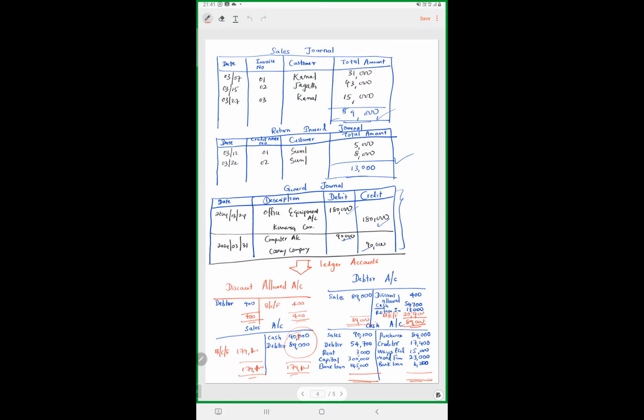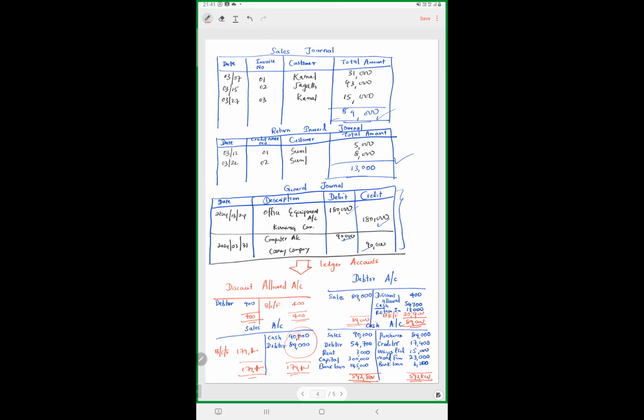Then in the cash account, the debit side amount is 592,800. So that amount should be moved to here as well.